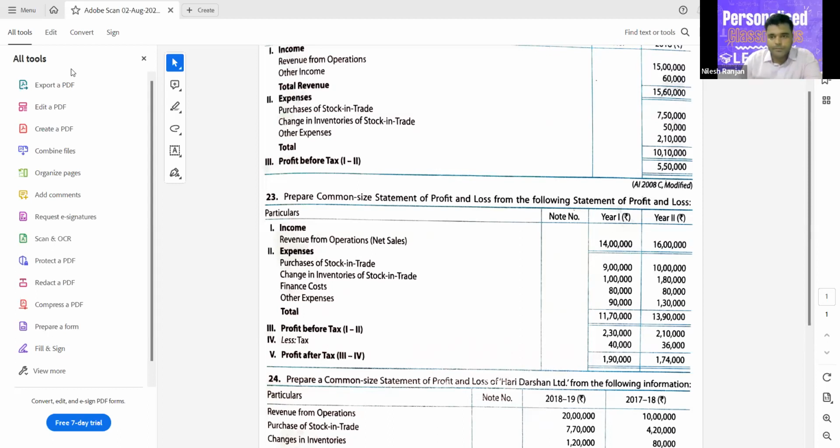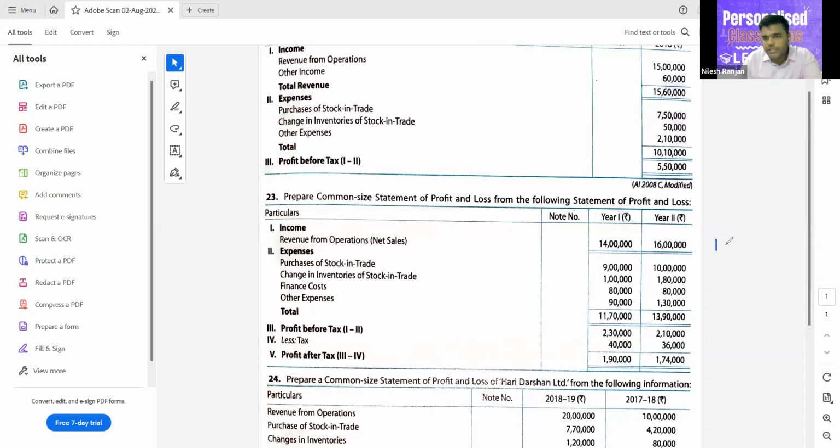Now, the first year, actually, if I prepare the format, it will take some more time here. But the format is already given. There is no change in the format. So it will be easy for us to solve here.